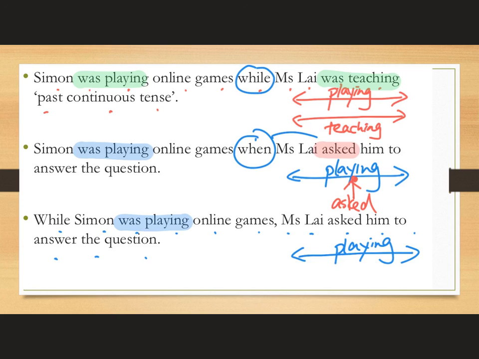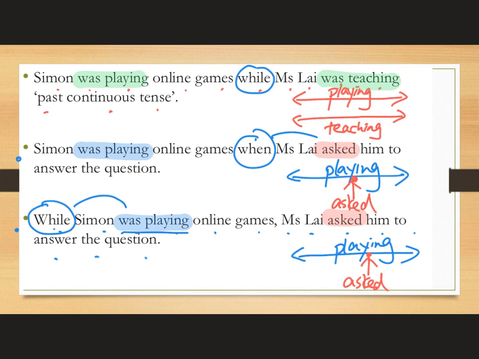And then asked is the short action, and it is in the middle of playing online games. We use simple past tense. Actually, sentence 2 and sentence 3 have the same meaning. But because I put the connective here and it is in front of the longer action, I have to use while.